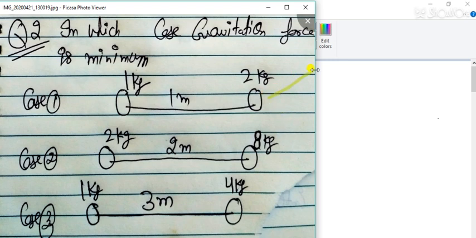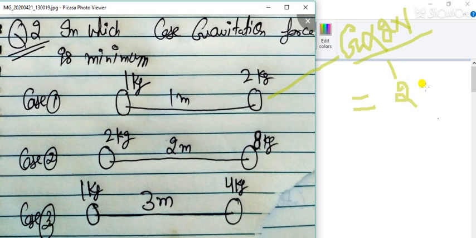In this case I am writing the solutions. So G into 2 into 1, divided by 1 square, and 1 square is 1. So in the first case you will get gravitational force equal to 2G.